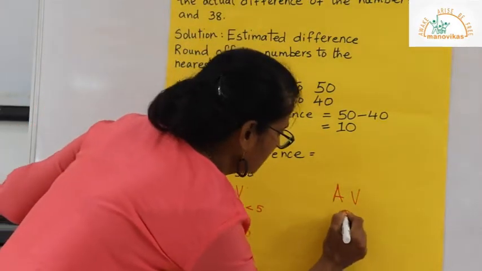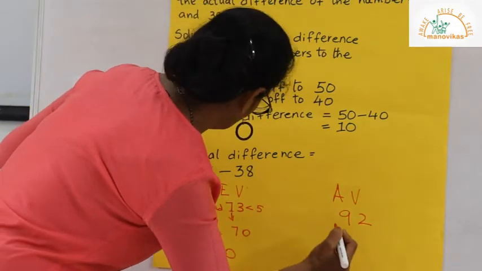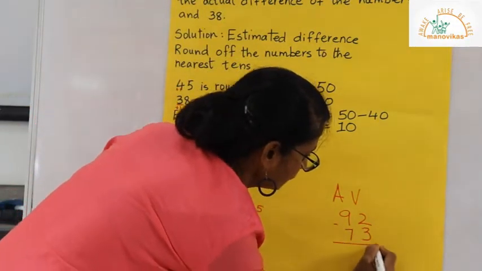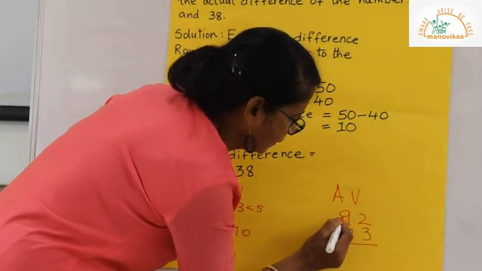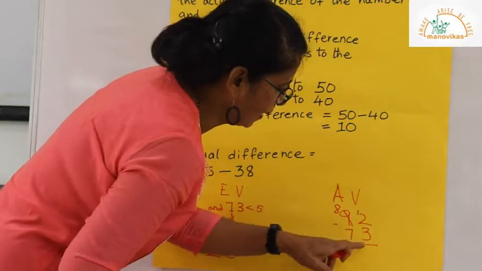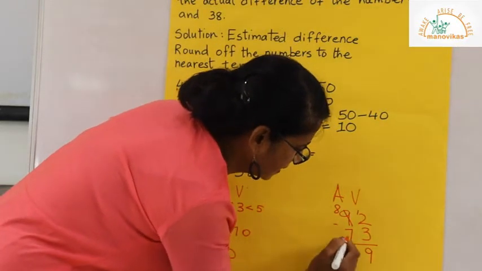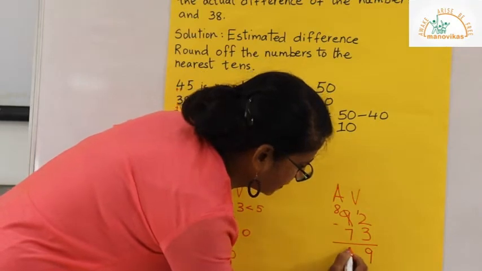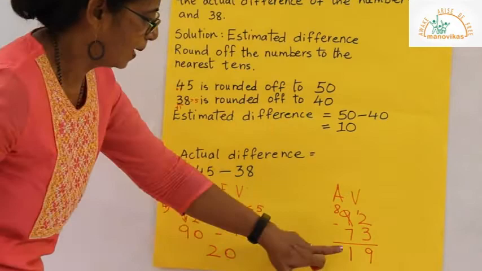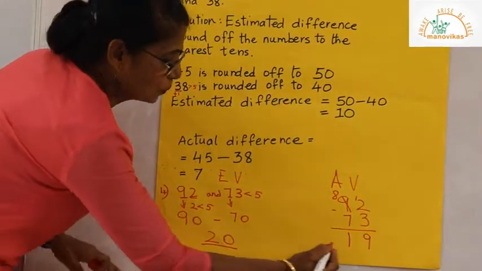When we take 92 and we minus 73, because you have to borrow, this becomes 8 and 12 minus 3 you will get 9. 7 minus 8, you will get 1, and the actual value is 19 but the estimated value is 20.